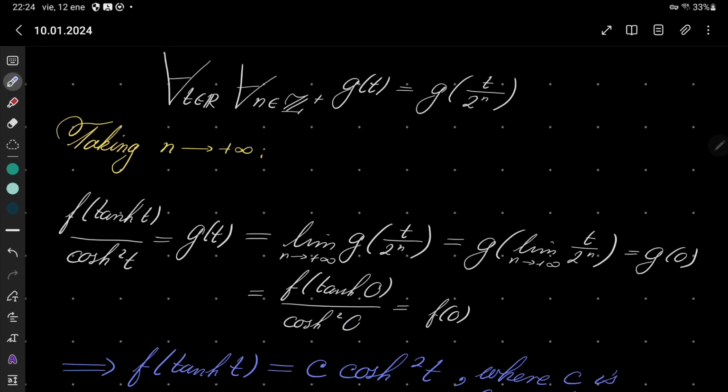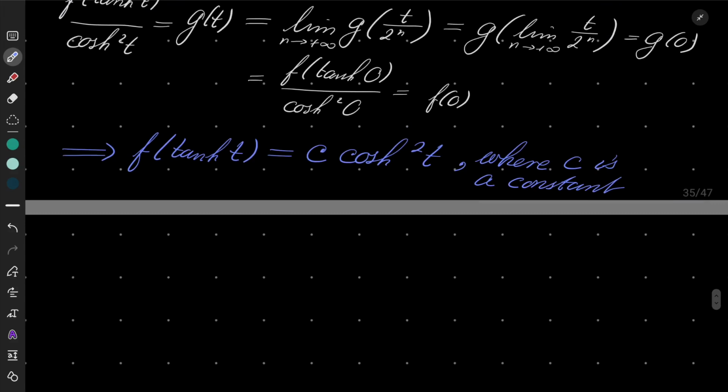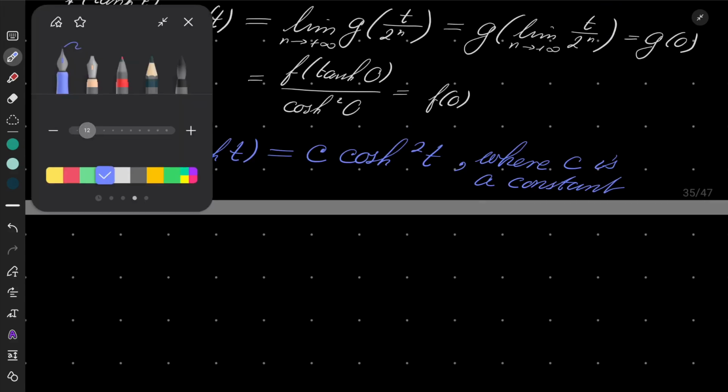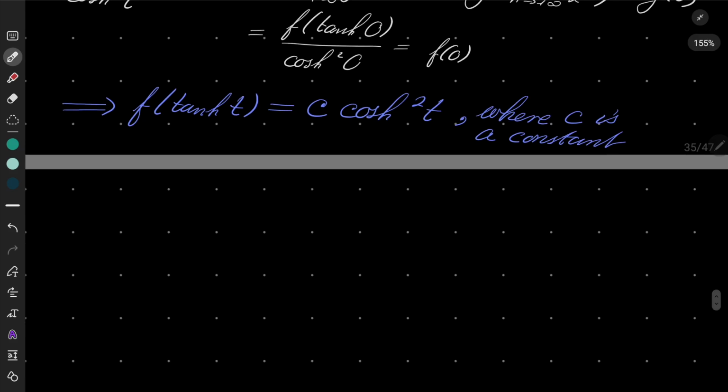Okay, I need another page. Perfect, I have my page. And now I wish to simplify my function. How can I do it? Well, let's take a look.